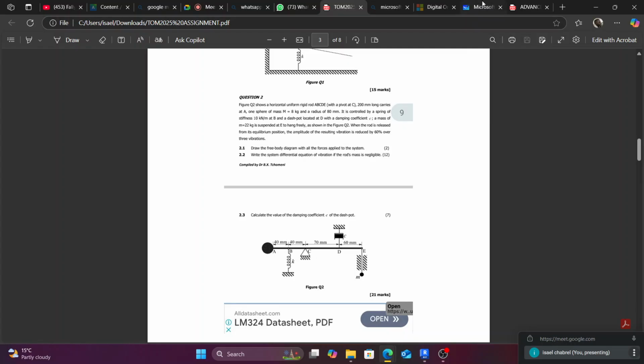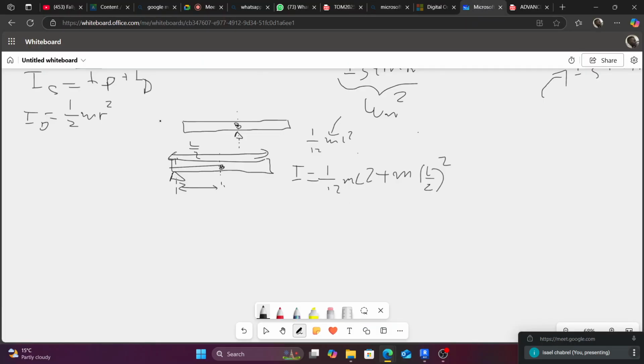You have to add the radius because, let's say you have a disk here, and you want the moment of inertia of this disk. You will write half the mass of the disk times the radius squared, plus the mass of the disk times the distance squared. This is the center of gravity of the disk, and this is the pivot. What is the distance? You first have r, and then you have this distance.